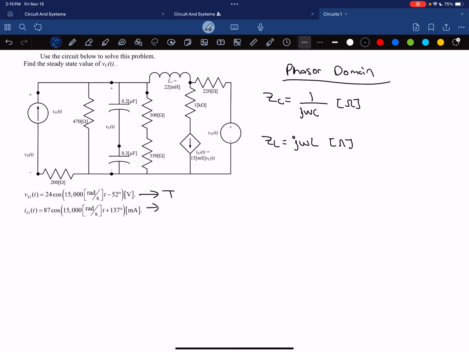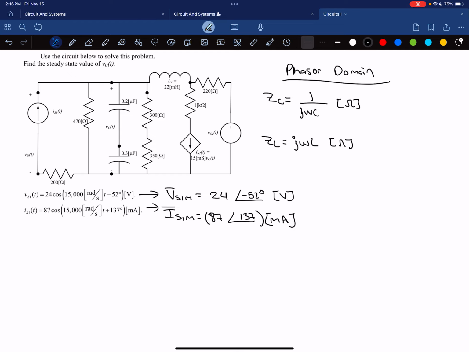And we can convert this to phasor domain by doing VS1M equal to the magnitude, which is 24, and the angle, negative 52. Same thing for this, IS1M equals 87, and the angle is 137. And just remember that this is milliamps. This is volts.